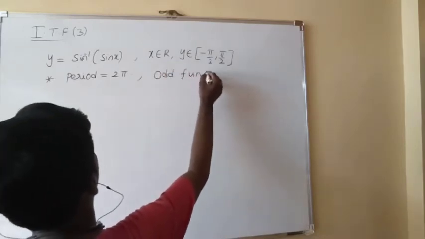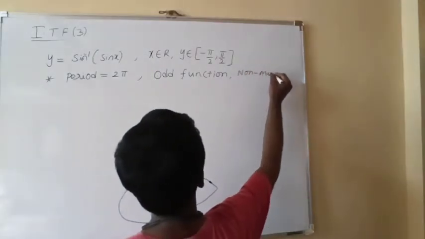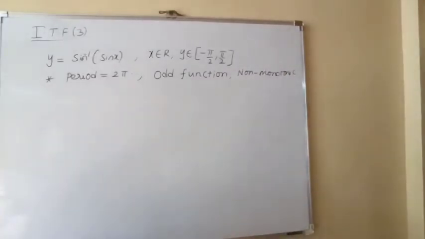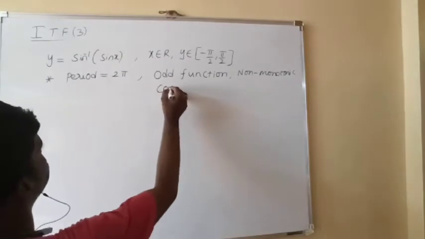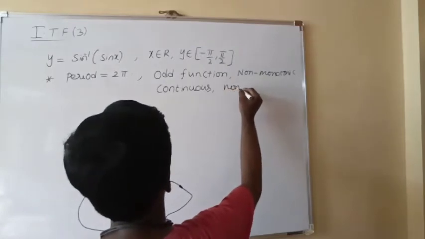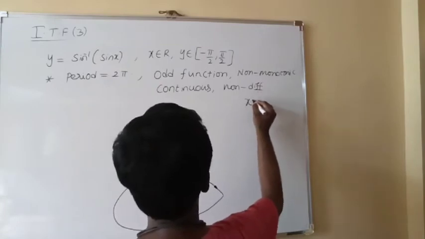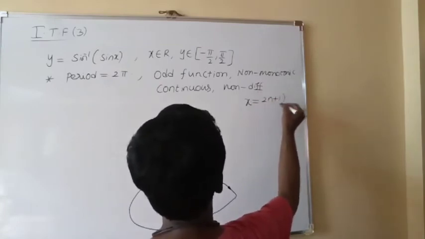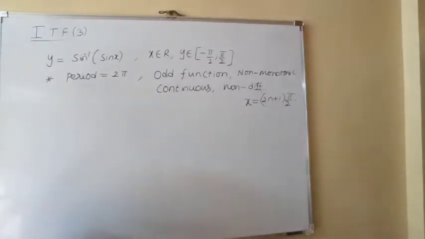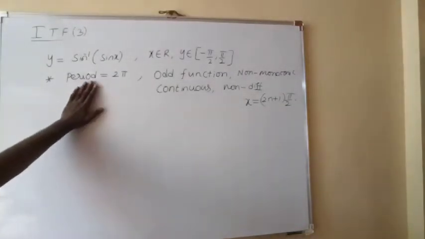Remember, it is an odd function, non-monotonic, and continuous function. It is continuous and it is non-differentiable when cos x is equal to 0, that is x is equal to (2n plus 1) into pi by 2, where n is an integer, for all n belongs to Z. Okay, periodic function of period 2 pi.